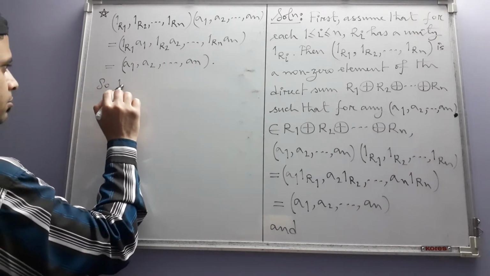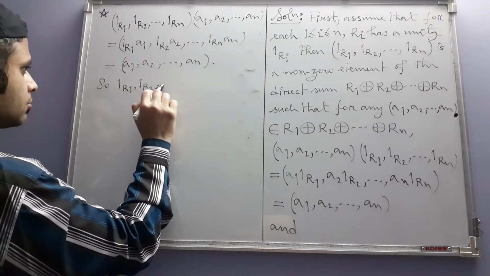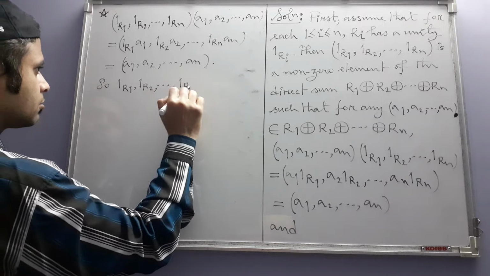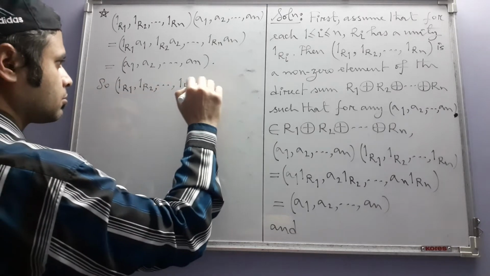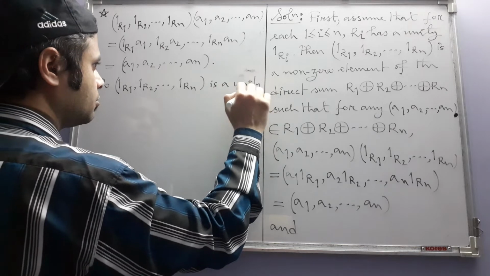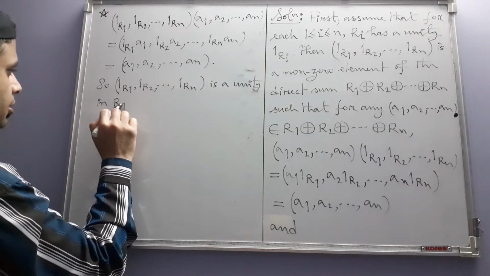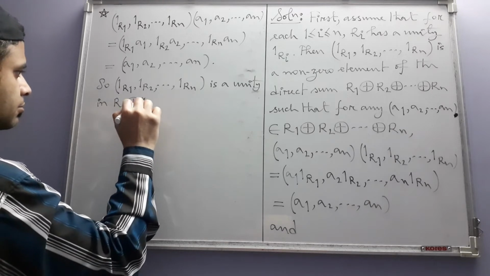So this is a unit element or unity in our direct sum.